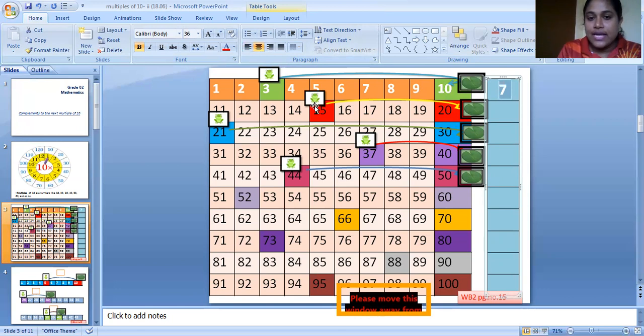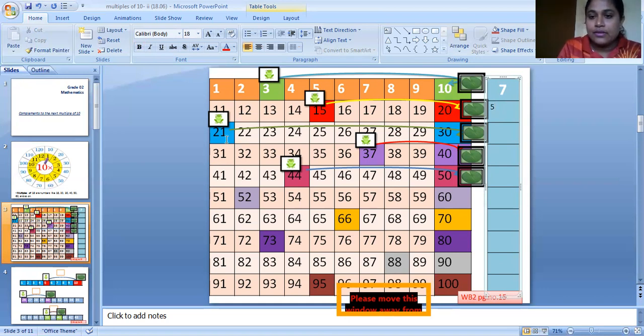The frog is on number 15, and the nearest complement of 10 is 20. So let's start hopping. 1, 2, 3, 4, 5. The frog has to jump 5 times to reach its lily pad.